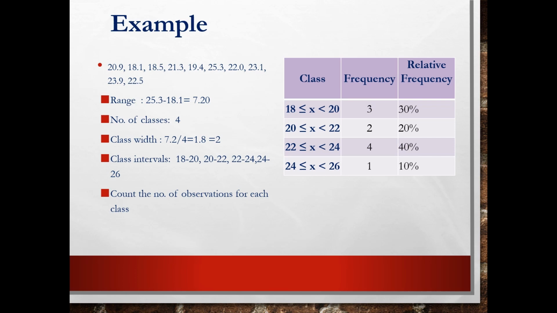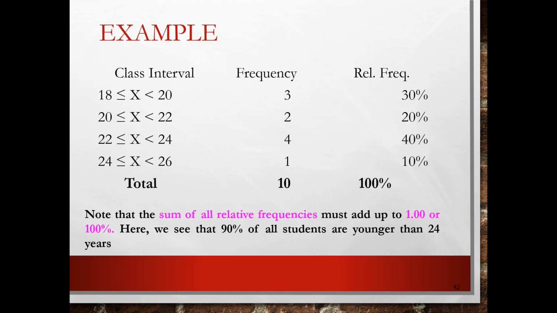This is how you obtain this, and then you count how many are between 18 to 20, 20 to 22, and so on. This table is called the frequency distribution, where you display the frequencies falling into each class interval together with the relative frequencies or the percentages as well.